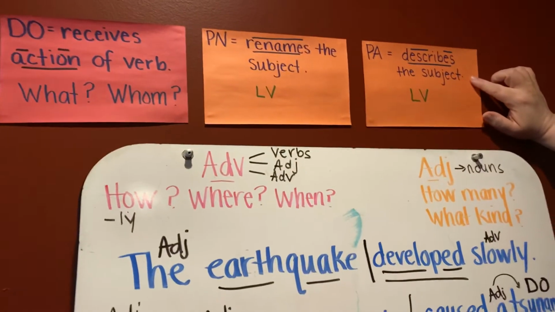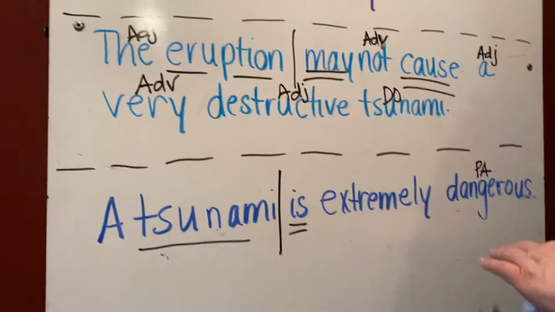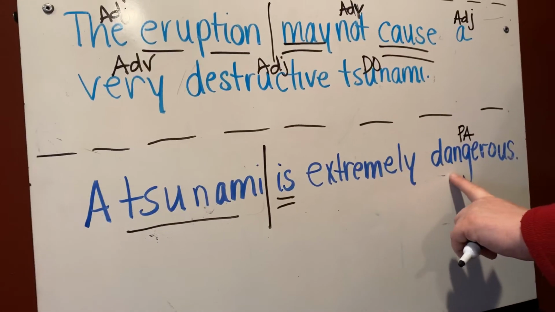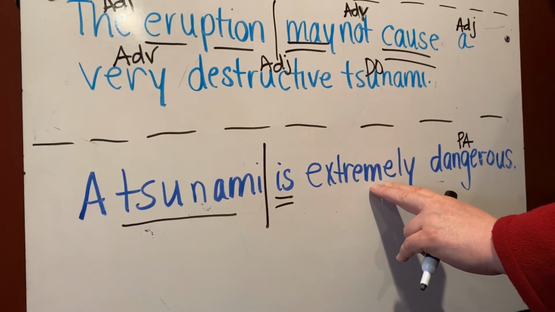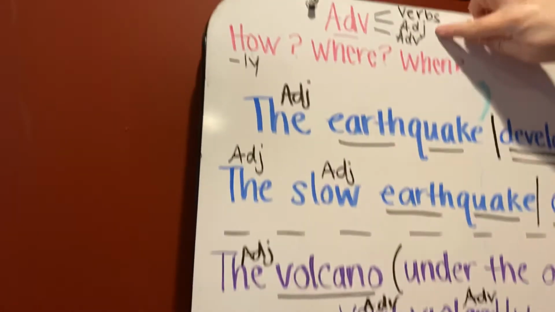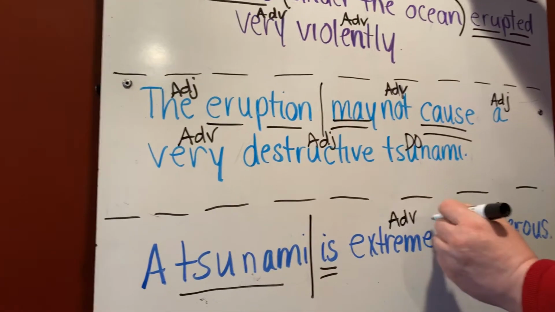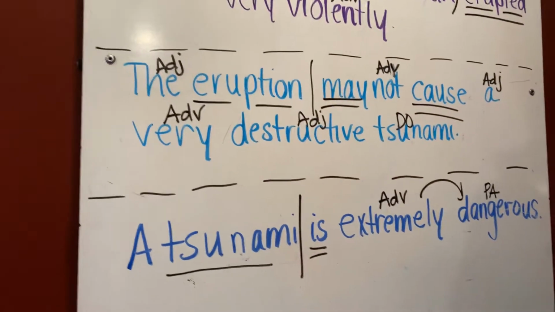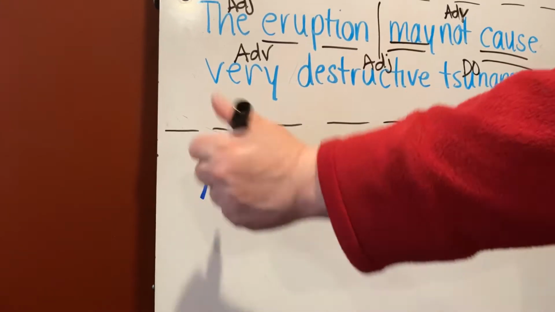It describes, so this is PA. A tsunami is extremely dangerous. This is an adjective. And what describes adjectives? Adverbs do. So extremely is an adverb describing dangerous. Okay, let's look here. We've got one more. A is again an article, which is a special adjective.